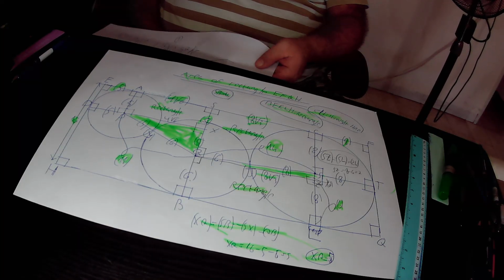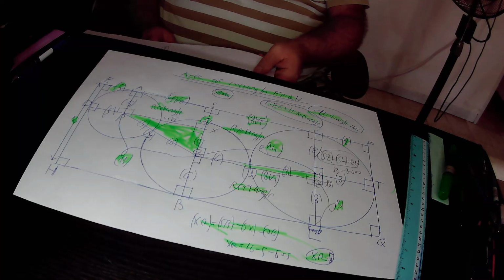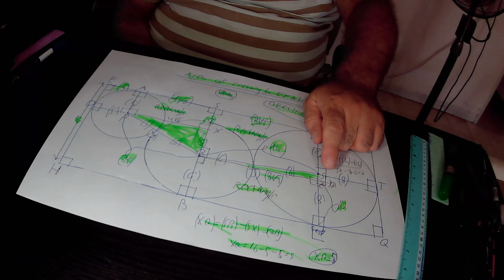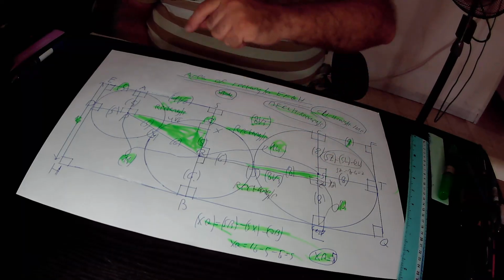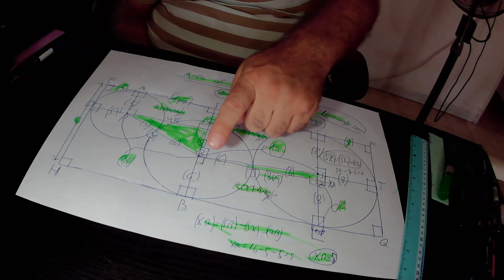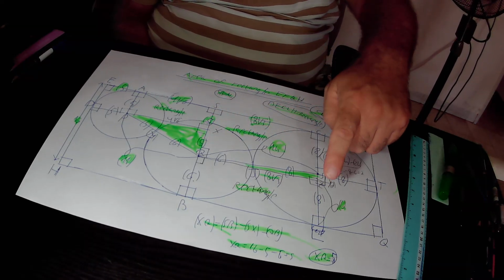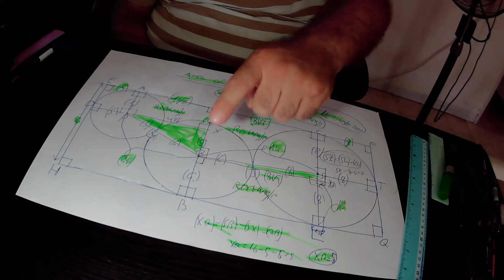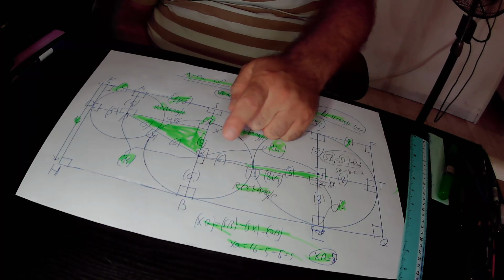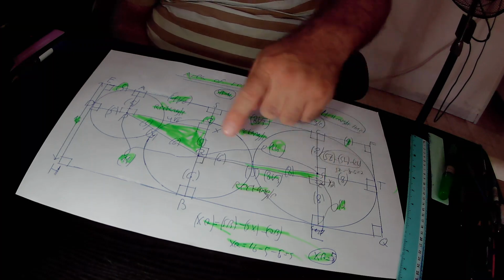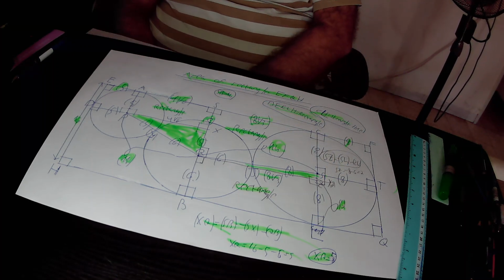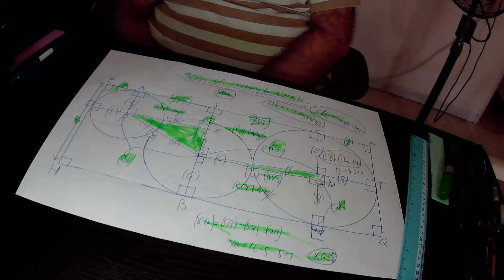But before that, we know that QZLB is a rectangle because it has one, two, three right angles, and therefore this 4th angle must also be equal to 90 degrees. So for QZLB, we have 4 right angles, and therefore it is a rectangle.